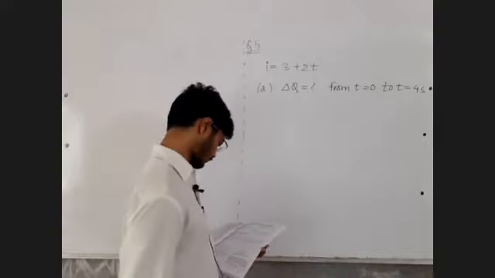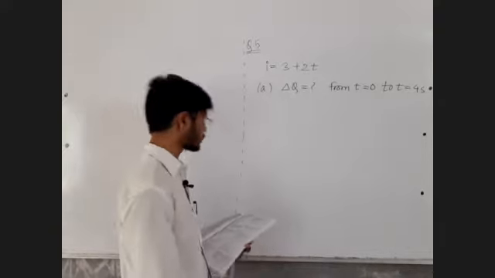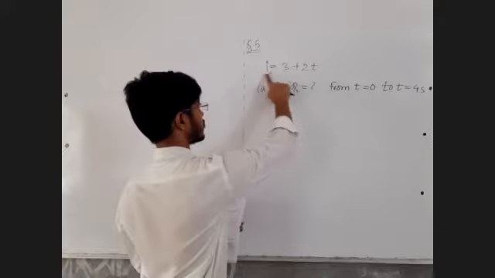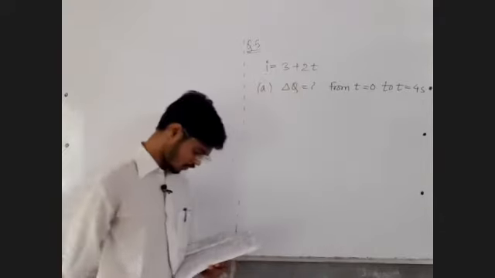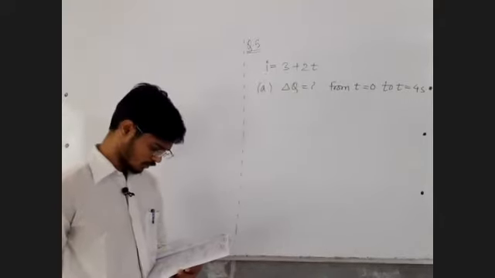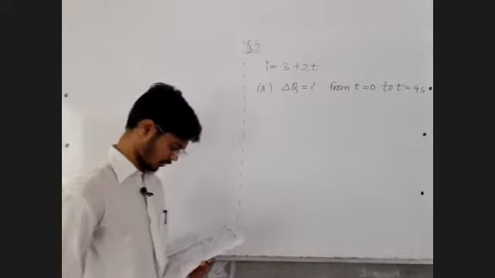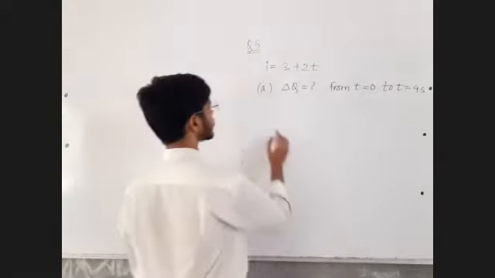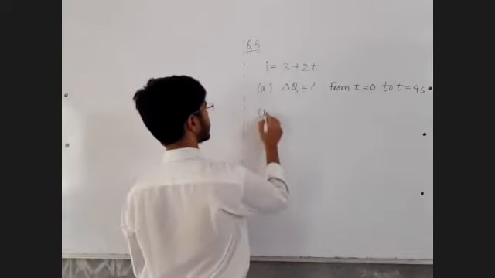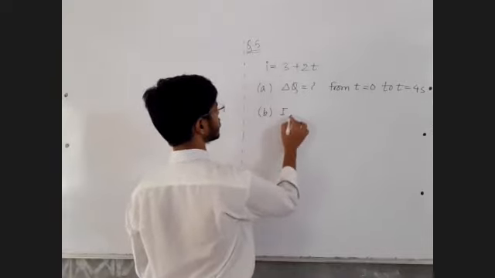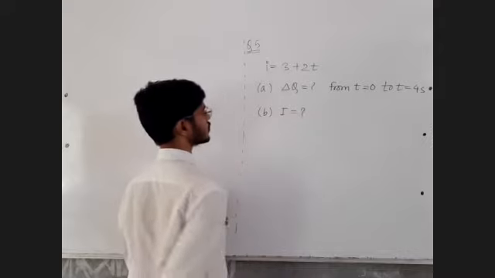Bit number B, what constant current, this is a variable current because it is changing with time, what constant current would transport same charge in the same time interval? So in bit number B they are asking what constant current, capital I is equal to question mark.